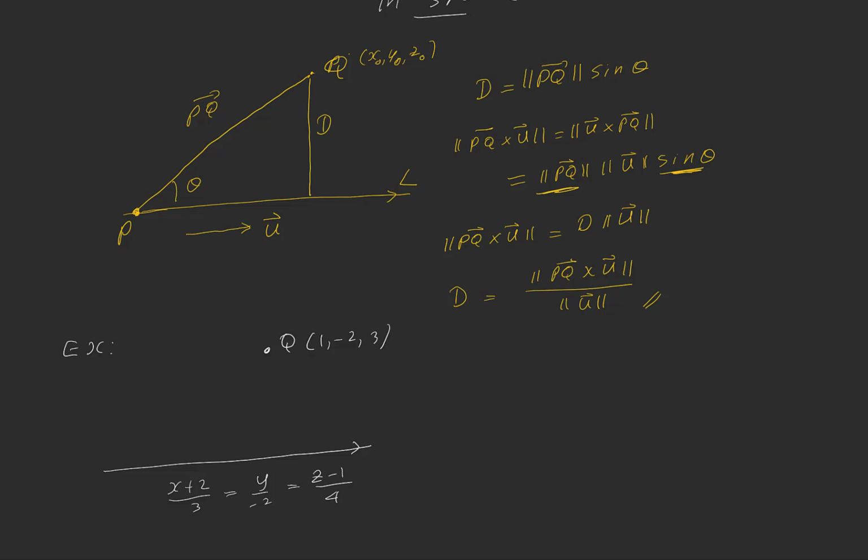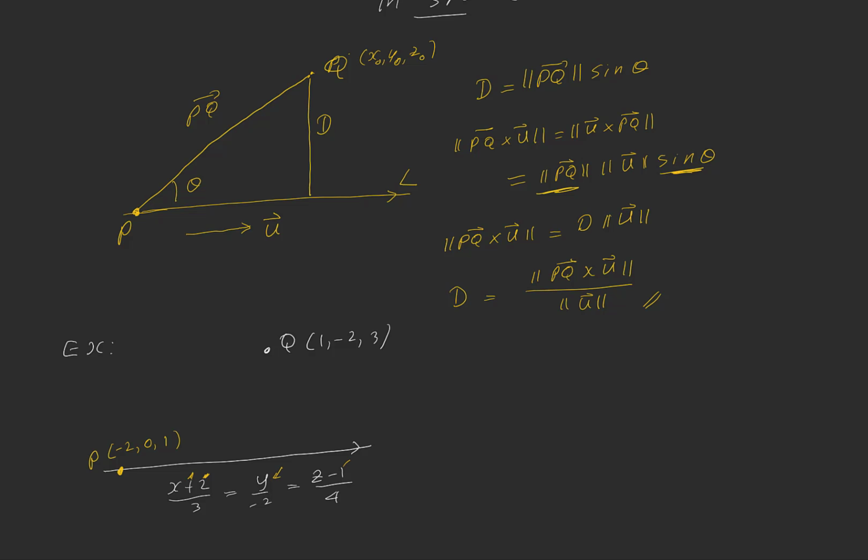Now tell me a point on the line. Yes, according to this equation, we can say point (-2, 0, 1). If you cannot remember this, please go back to my previous video, where I explained this. Here the 2 becomes -2 because of positive, here 0, and here 1.